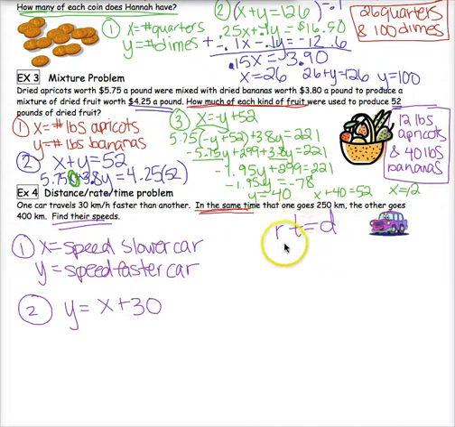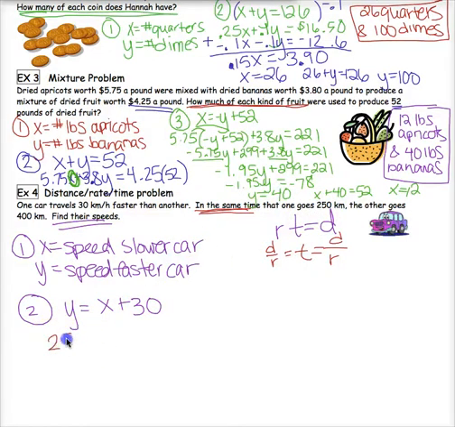So if I put this formula in terms of time, time equals distance divided by rate, the two cars have the same time, which means if I have distance over rate for one of them that equals time, that should also equal distance over rate for the other, which is how I came up with my second equation. The distance that the first one goes, and that's going to be the slower one, because slower ones are going to travel less in the same amount of time.